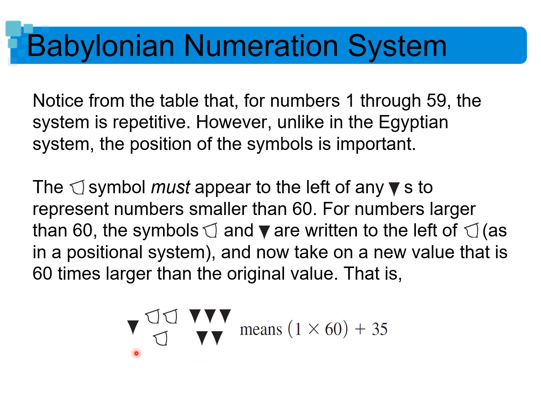And then this triangle to the left means that that is one group of 60. So this means that you have 60 plus 35. So this actually represents the number 95, which is, I know, strange, but that's how the Babylonians did it.